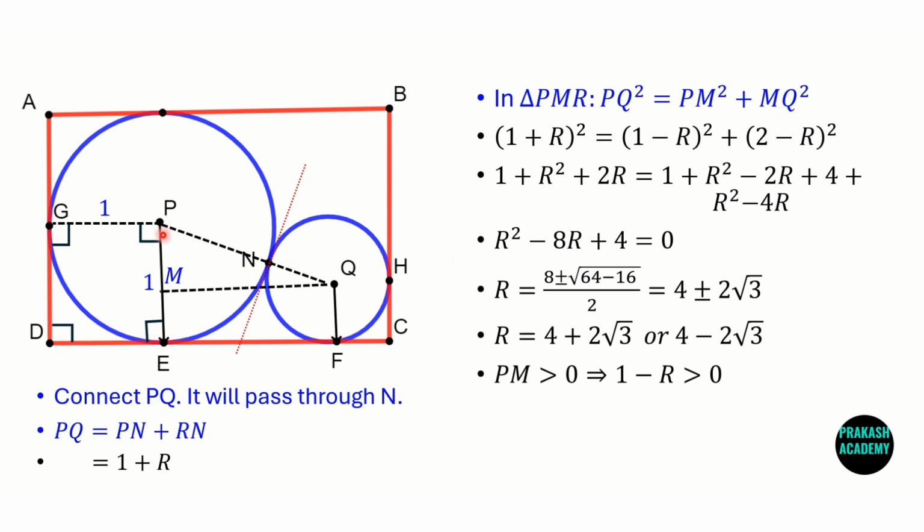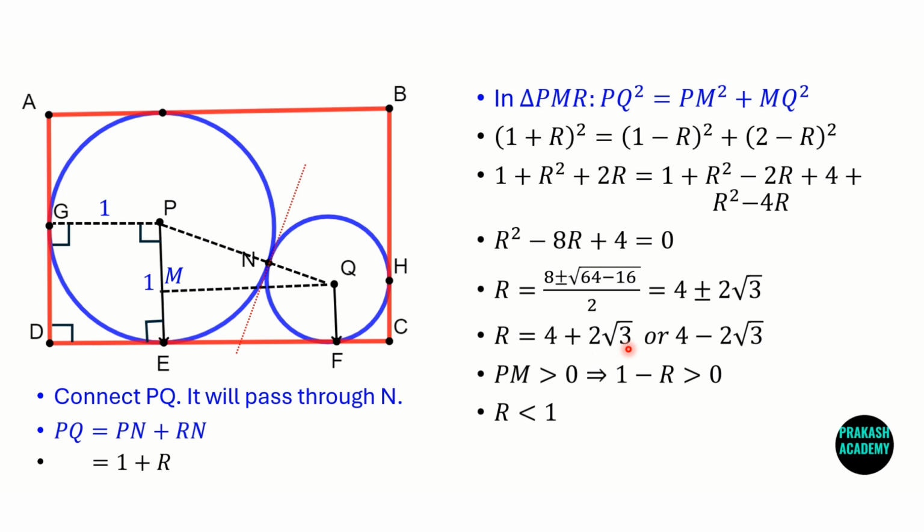Now let us consider this length PM. This has to be a positive length, that is, this is greater than 0. Now if you consider, PM was basically 1 minus R. So this length is 1 and this length is R. So PM is 1 minus R. So this means this has to be greater than 0. This means R should be less than 1 unit.